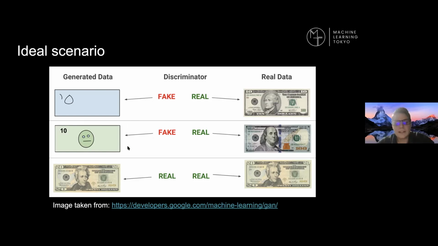But if we keep doing that long enough, the generator will be able to generate a bill which just looks like the real deal. And the discriminator won't be able to tell whether or not the generated data comes from the real data distribution, or the real images, or if it was generated by the generator.